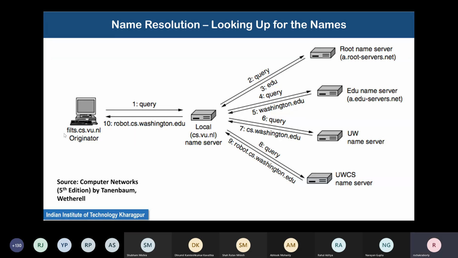And then fields.cs.vu.nl again replies, saying, yes, I have received your reply that you are okay with the connection request and I acknowledge it. So three messages might pass between the two parties just to set up the connection. Then the actual data transfer starts.